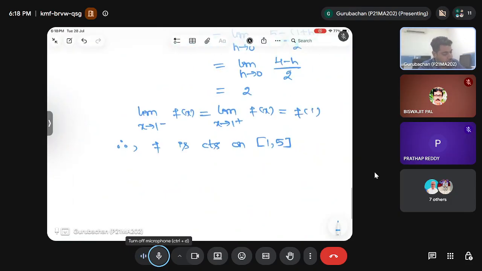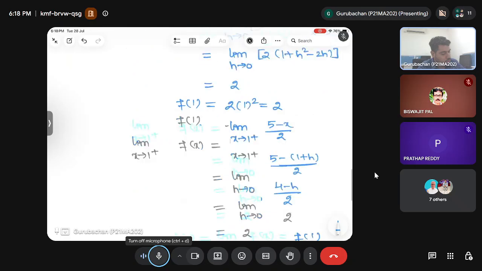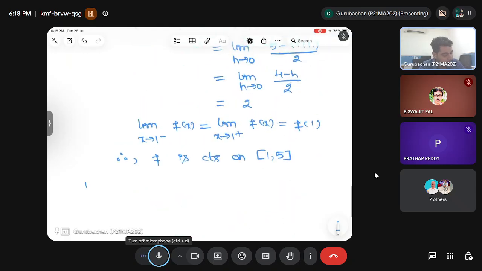So let me mention it. This was the first hypothesis. The second one is f is differentiable on the interval 0, 1 and the interval 1, 5 as it is a polynomial.